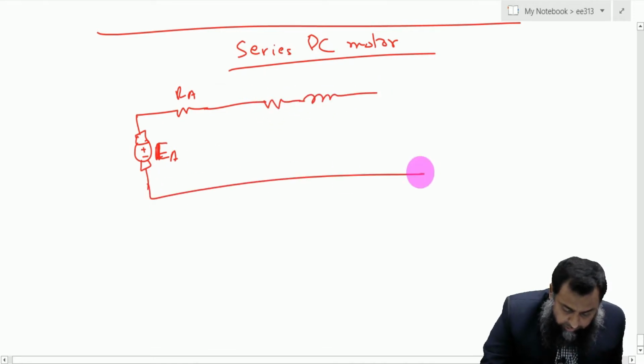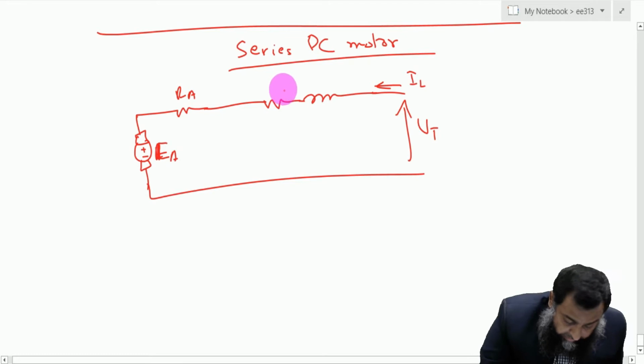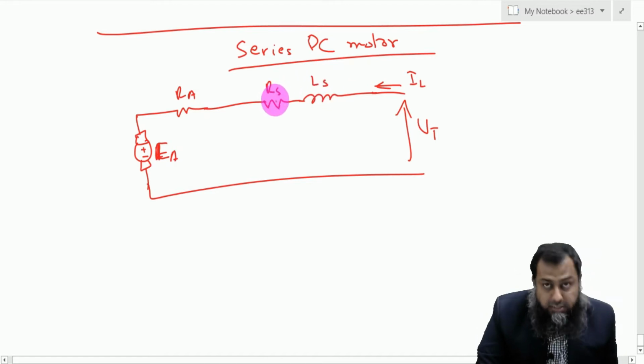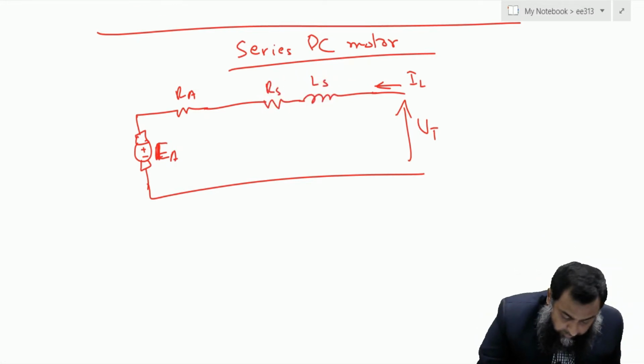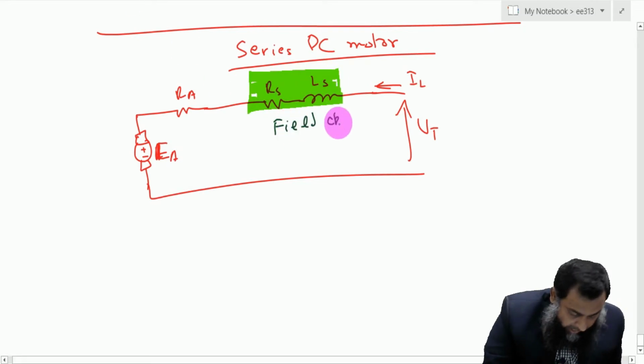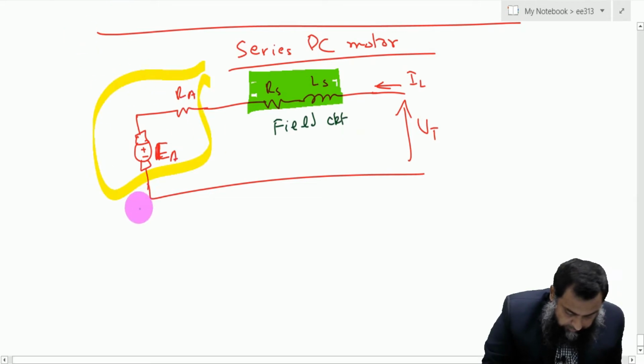Now to differentiate this machine from the shunt motor, we will designate this field winding as RS and LS. So this whole part is the field circuit, and this is, of course, the armature circuit.